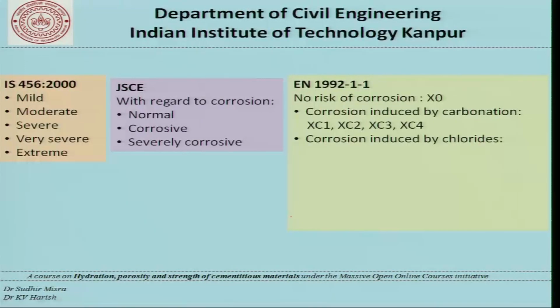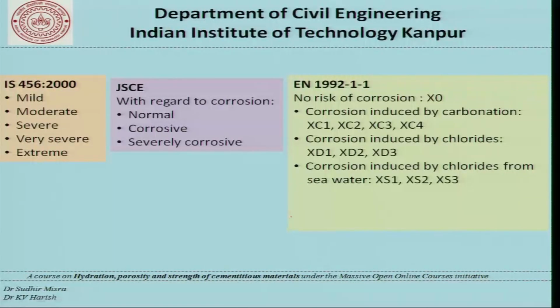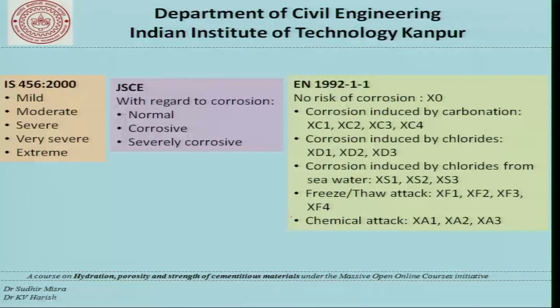Moving forward, there are structures which could be susceptible to corrosion induced by chlorides, and those are classified as XD1, XD2 and XD3. Corrosion induced by chlorides from seawater are classified as XS1, XS2 and XS3. In the case of freeze thaw attack, the classification is XF1, XF2, XF3 and XF4, and then there is a chemical attack which is XA1, XA2 and XA3.